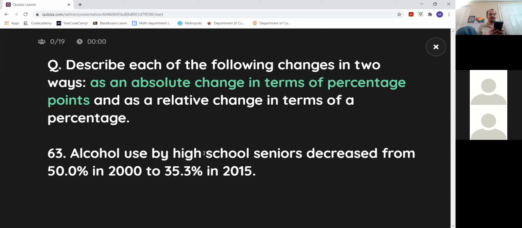You got to make sure you put these things in the right order. Hint: make sure you've got the right sign. Make sure you have the word percentage points. And so this should hopefully be really quick.